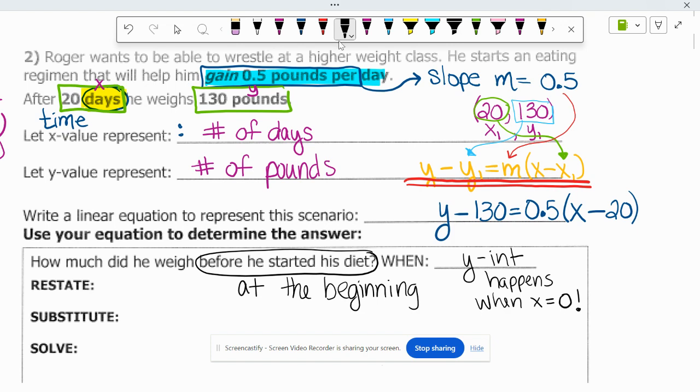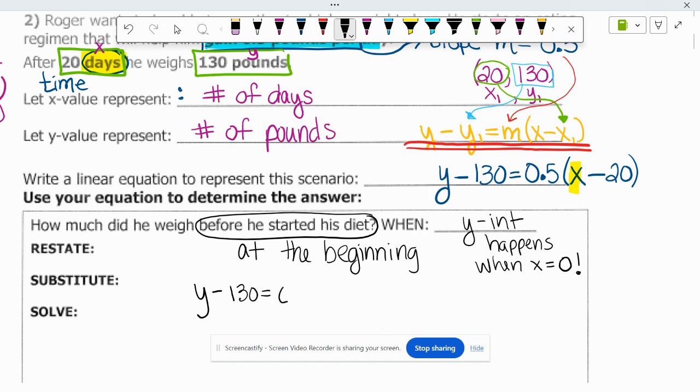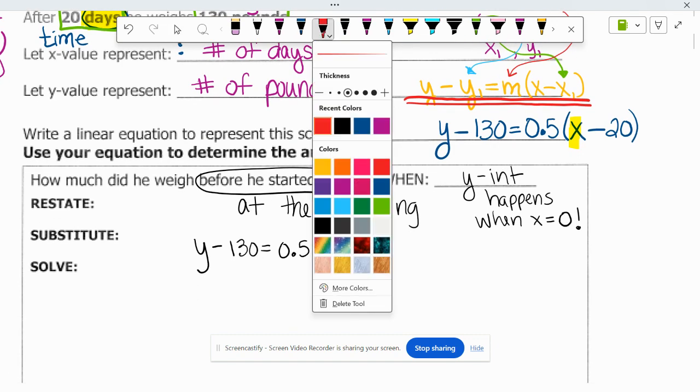So all that means is I'm going to take this massive equation that we have here, get rid of this x, and replace it with a 0. So I'm going to write out the equation first. Y minus 130 equals 0.5 times x minus 20. And now I have to let x equal 0. I need to find what the y value is when x equals 0.